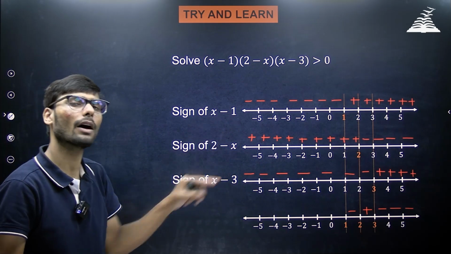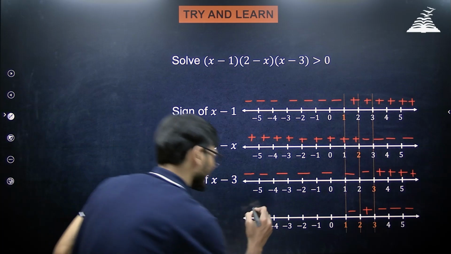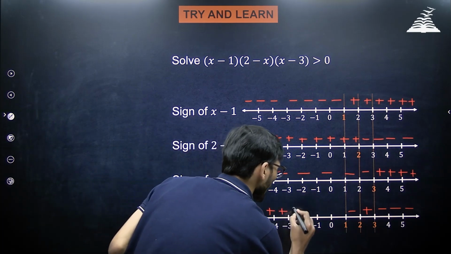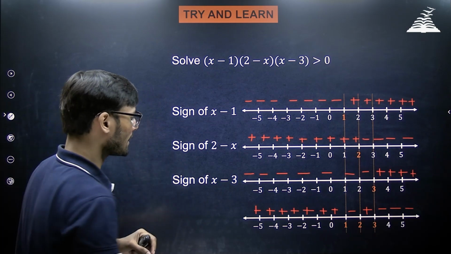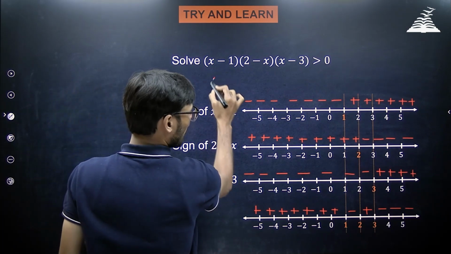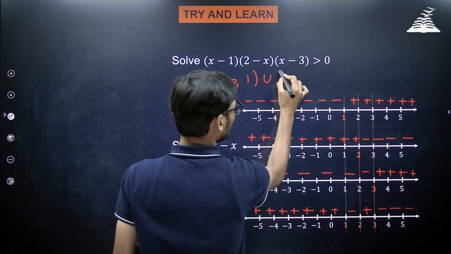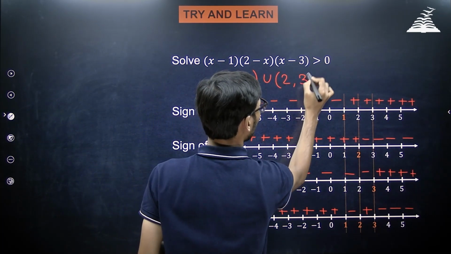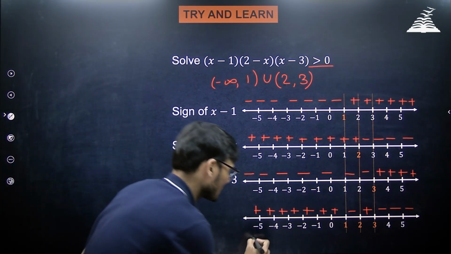Two negatives, one positive. If you multiply them, you are going to get a positive number. Okay, so what will be our answer in this case? Our answer is going to be minus infinity to 1 union 2 to 3, right? Why? Because we want it to be positive, so I'm picking the positive ones.